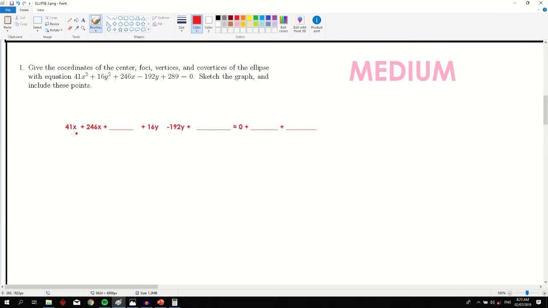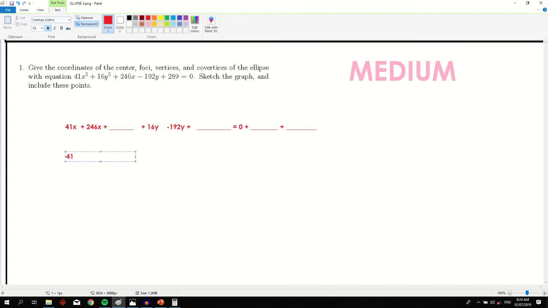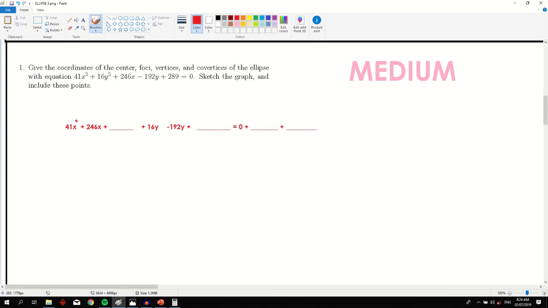Okay, so we have 41x plus 246. My mistake here is I didn't factor out 41 first, so we will need to get 41 away from that. So 41, x, I forgot the x squared. We'll put the x squared there, and y squared over there.